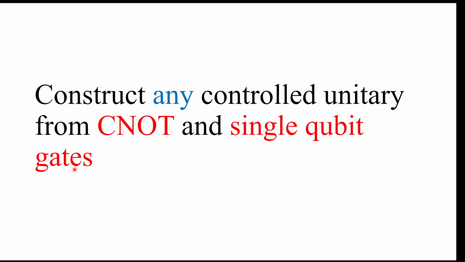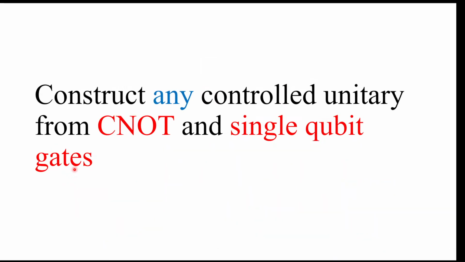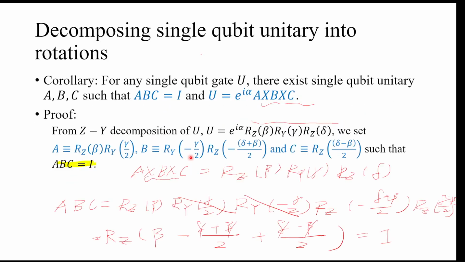Actually, we can get any controlled unitary with only CNOT and these Y and Z rotations.